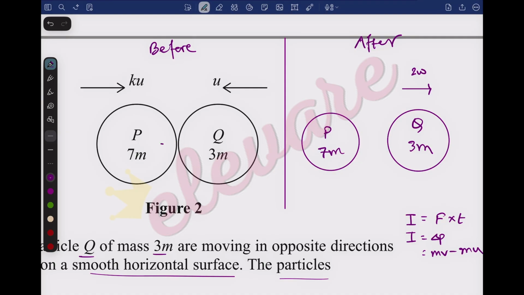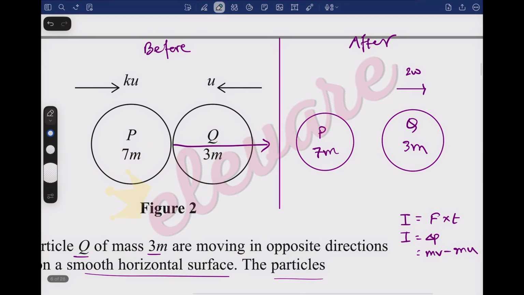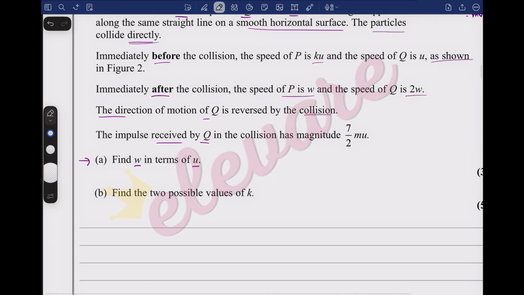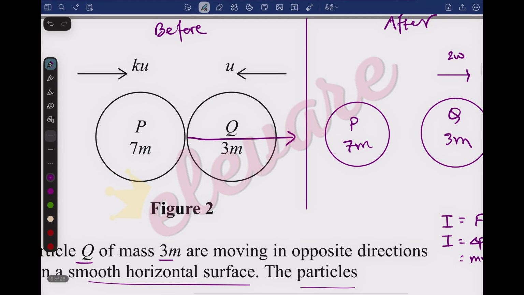So if P collides like this, then P is going to exert a force on Q in this direction. And likewise, due to Newton's third law, Q is going to exert a force on P in the opposite direction, right? Now we don't really hear about what force is acting on P for now because the question talks about impulse being received by Q. So we'll do that, okay?